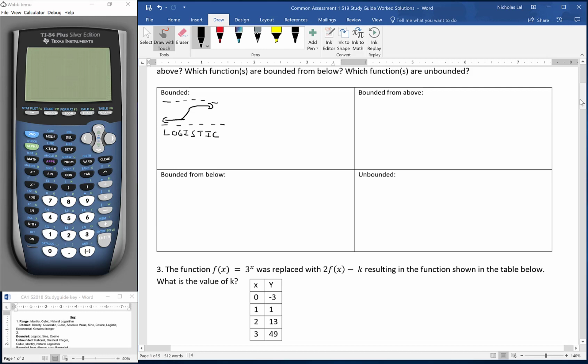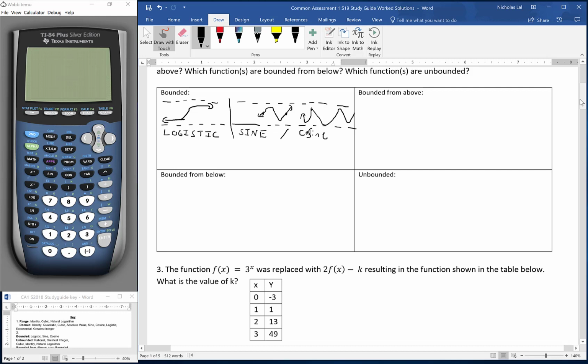The sine function is also bounded from the top and bottom, and the cosine function additionally, starting at the top, going down, and going back up. So the sine and cosine functions are both bounded from the top and the bottom.